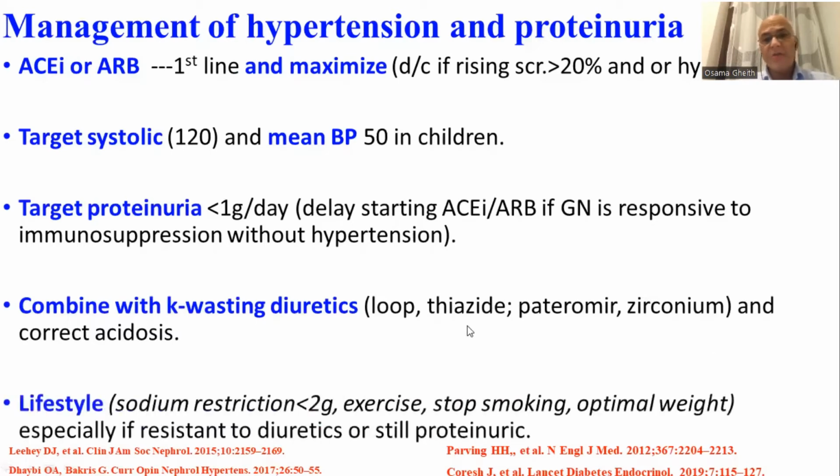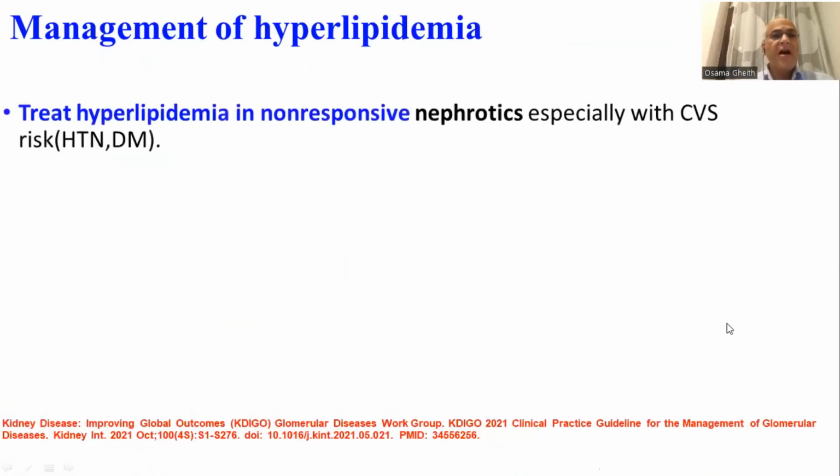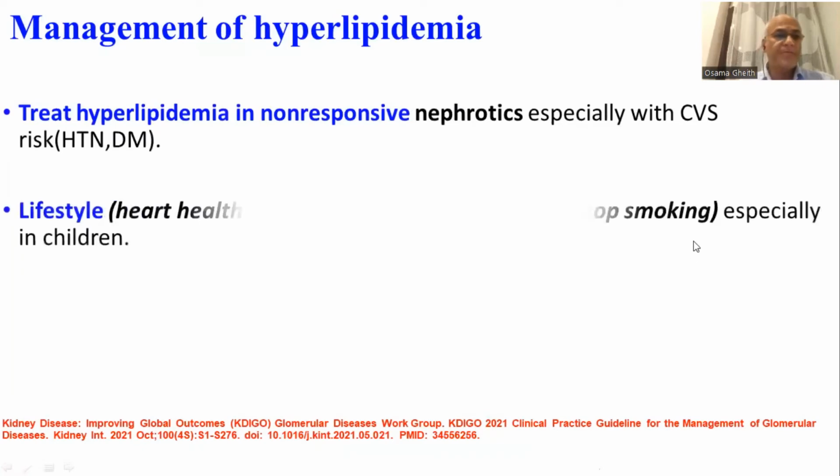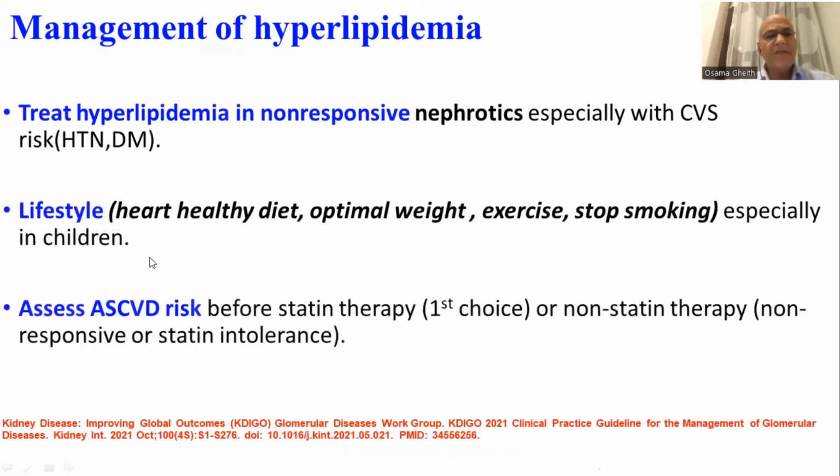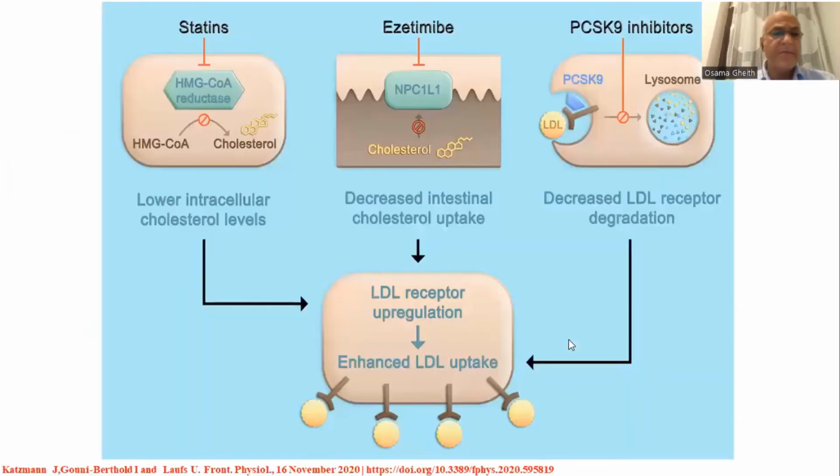Lifestyle measures should be adopted in such cases, like salt restriction, exercise, stopping smoking, and avoiding overweight, especially in diuretic-resistant cases. Hyperlipidemia should be managed in nephrotic patients with a high cardiovascular risk score. Of course, lifestyle measures, and if the cardiovascular risk score is high, you can start statin therapy or non-statin therapy.